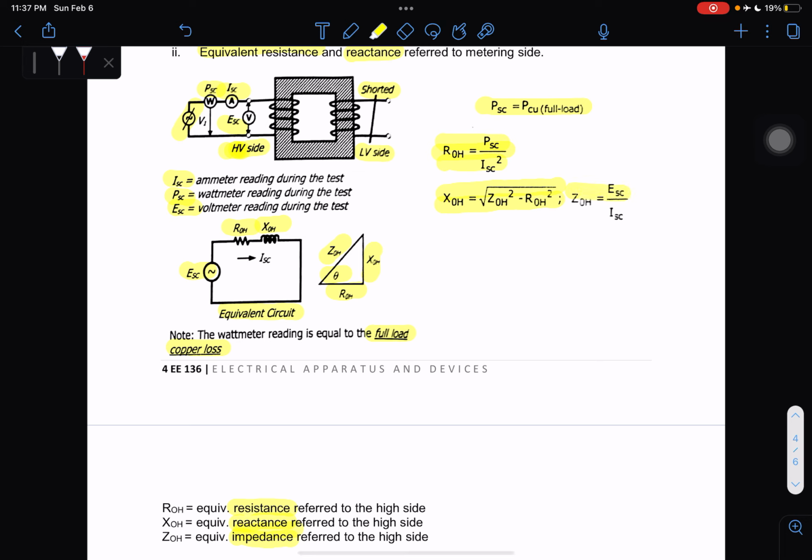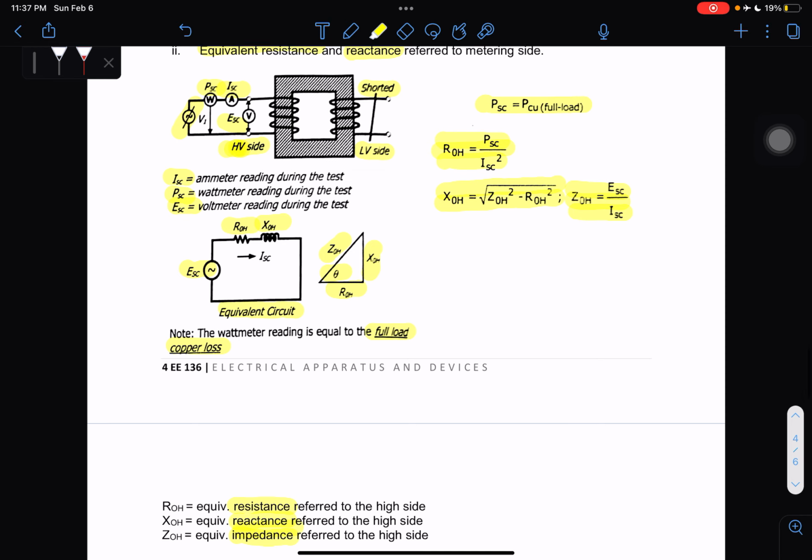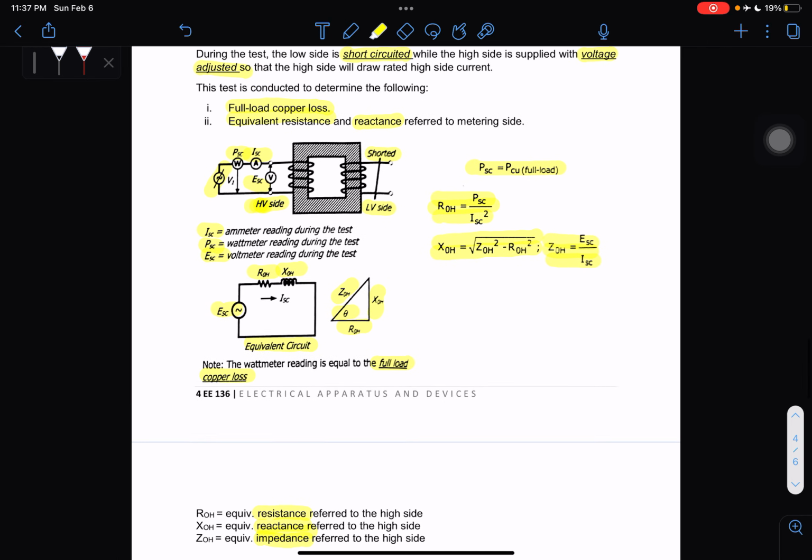And to solve for the equivalent impedance, ZOH is equal to the voltmeter reading divided by the ammeter reading. So this is still formula based.